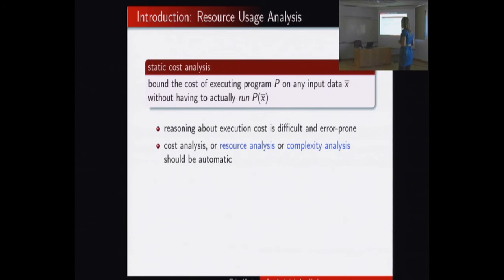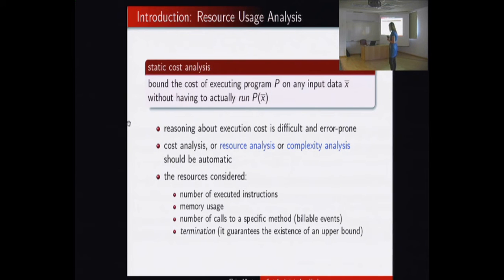Other names for cost analysis are resource analysis, and we'll use both of them. And when we talk about cost analysis for infinitely large input data, it's called complexity analysis. We're going to work on a framework of cost analysis which is parametric on the notion of resource, and it works with any resource which is cumulative, which is always increasing along the execution.